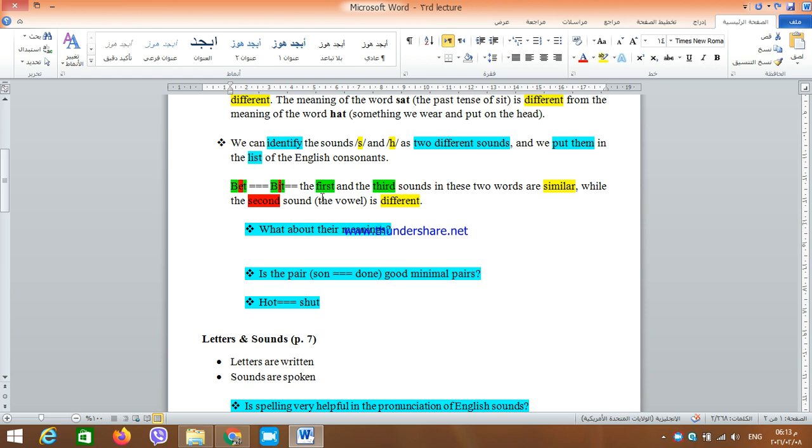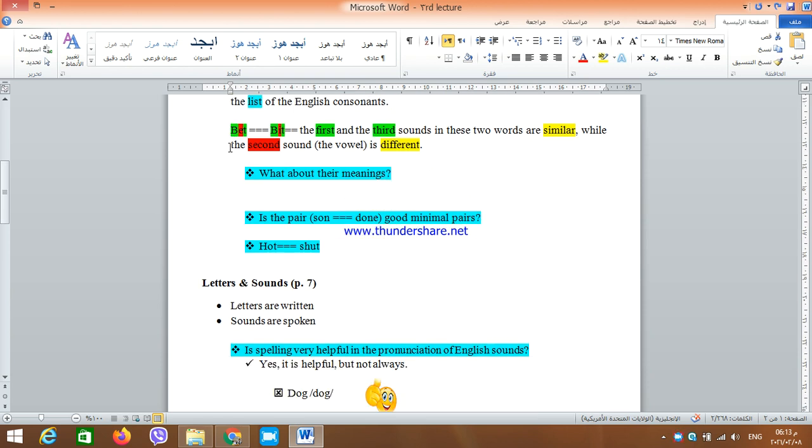Now we have another example, that is bet and bit. In this example, the first and the third sounds are similar. B, B, T, and T. The difference is in the sound in the middle. Here we have bet, and here we have bit.